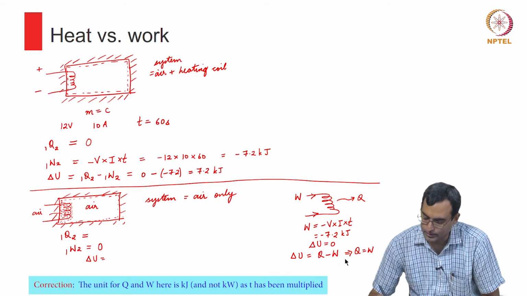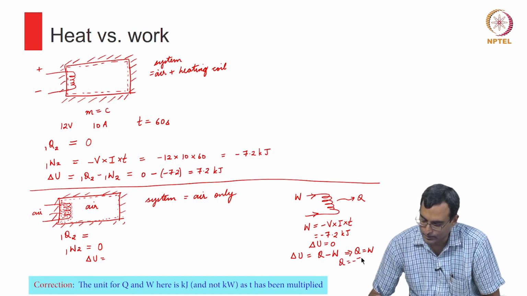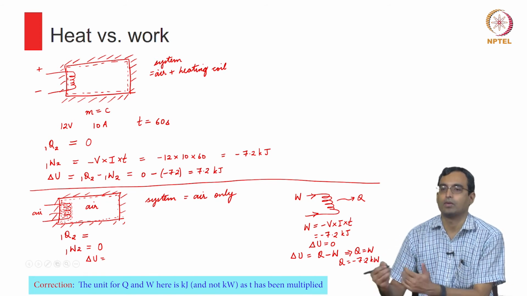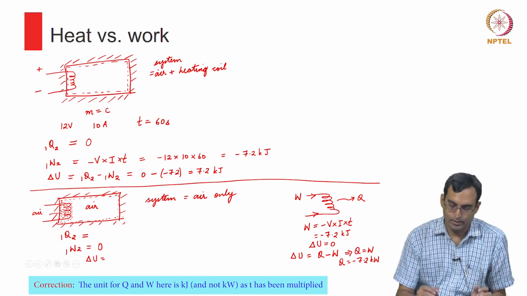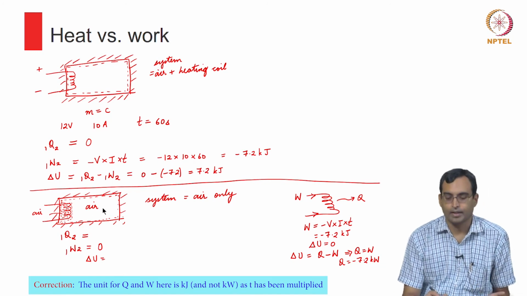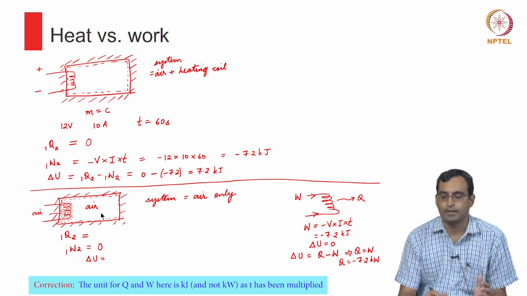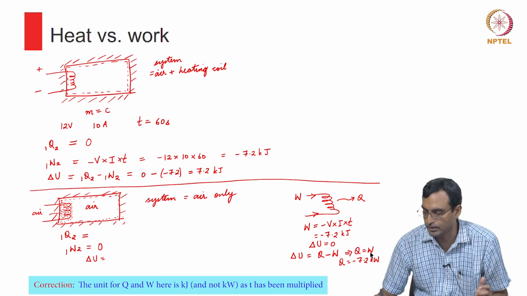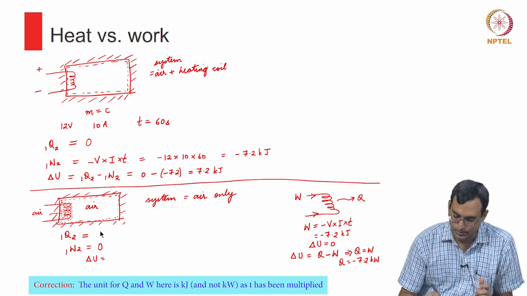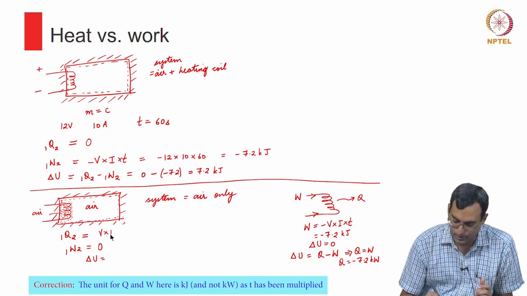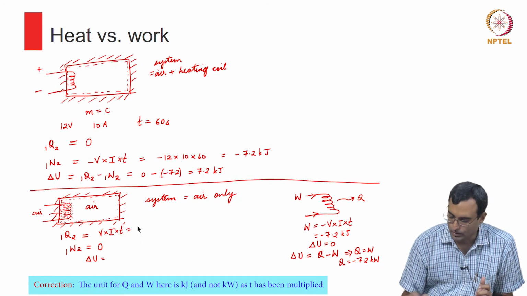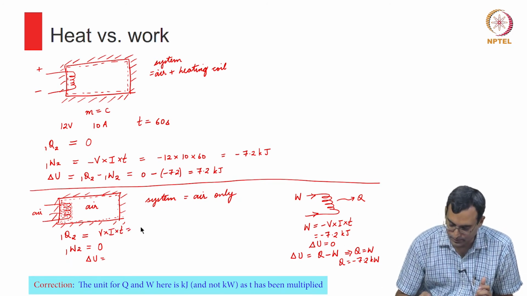So, for this coil, the heat transfer is minus 7.2 kilowatt, which shows that heat is going out of the coil. Now, for the system which contains the air, heat is entering the system. The amount of heat entering the system is the same heat which has been going out of the coil. So, this is given as V into I into T, or essentially this value, which is 7.2 kilowatt.